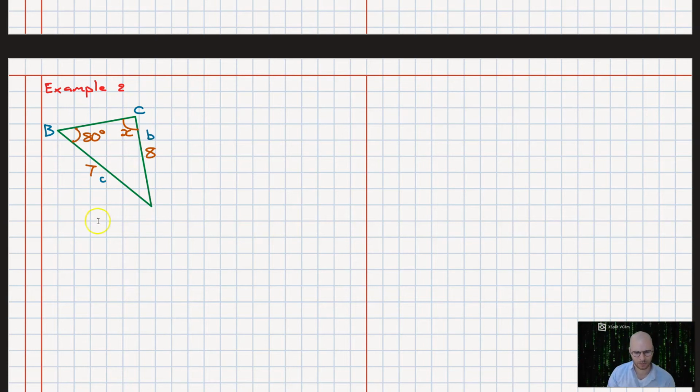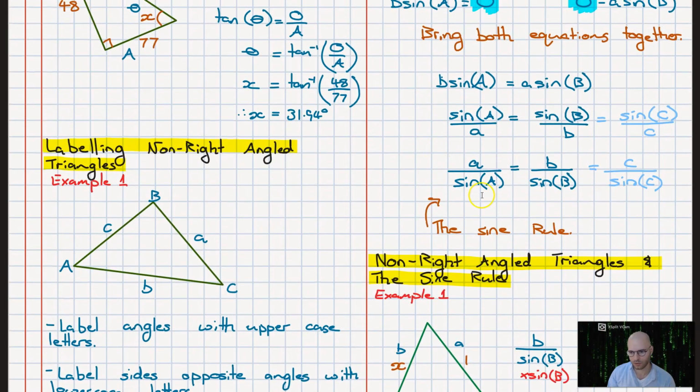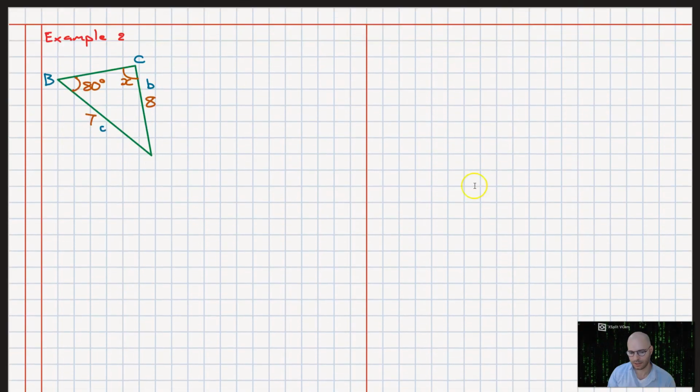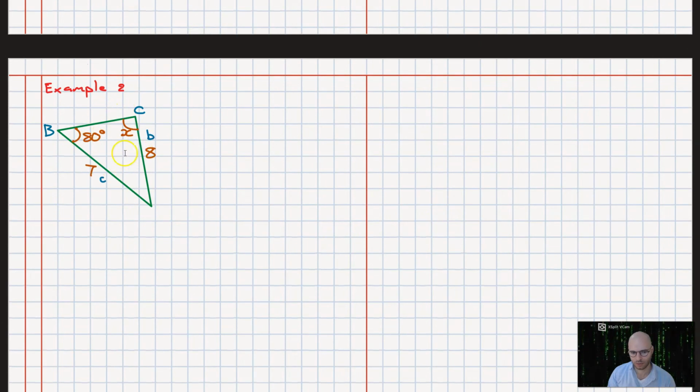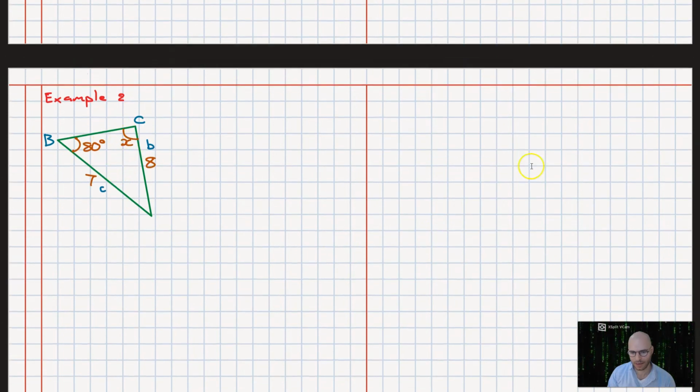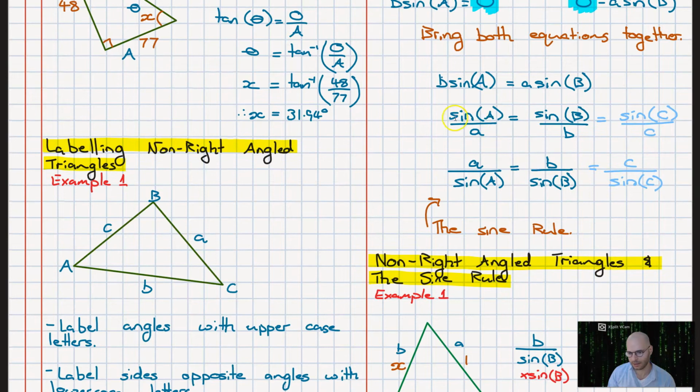Now, next step is we need to decide the form that we want to use the sine rule in. We can either do it where the angles are on top and the side lengths are on the bottom, or vice versa. In our case, we need to think, what are we solving for? In our case, we're solving for an angle. Therefore, it's easier to pick a form where the angle's already in the numerator.